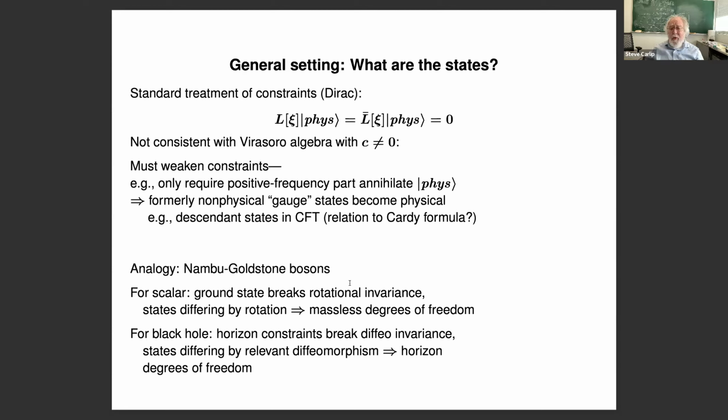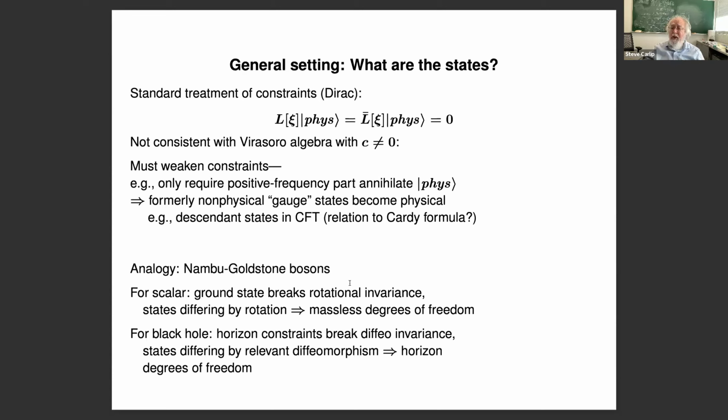Normally, when you have a constraint and you're quantizing a theory, your condition on the physical states is that the constraint annihilates the physical states, because the constraint generates gauge transformations, which shouldn't be physical. If the Virasoro algebra has no central charge, then that's fine. If it has a central charge, then this is not consistent.